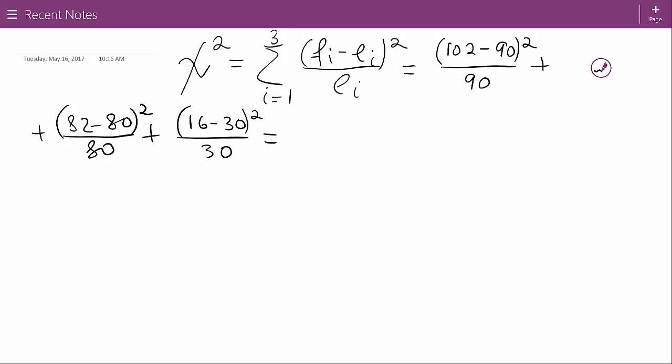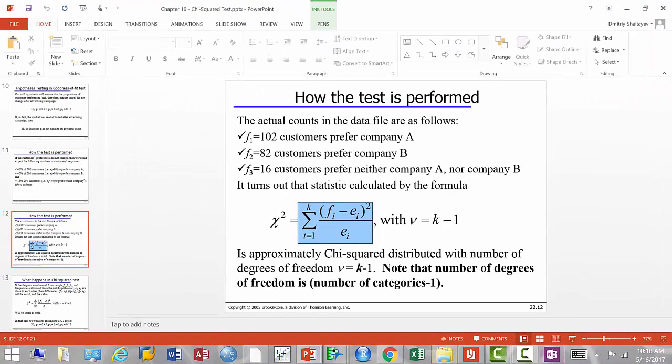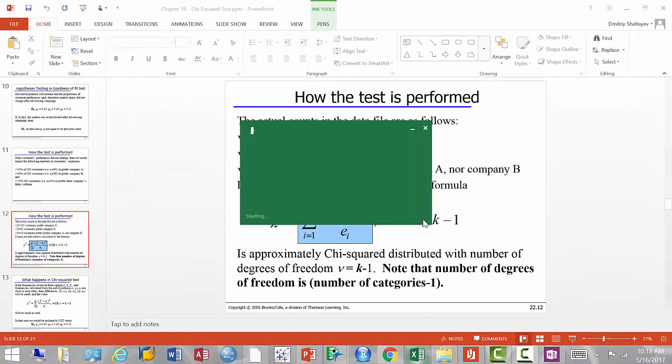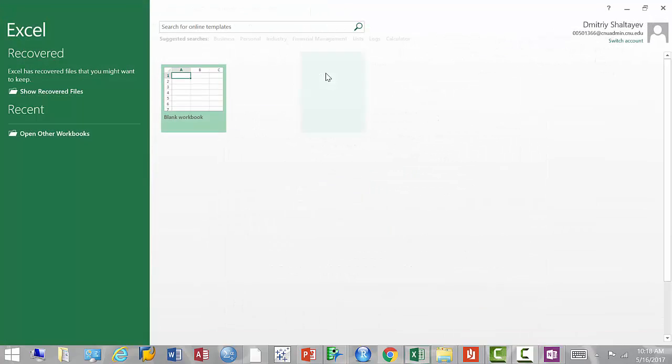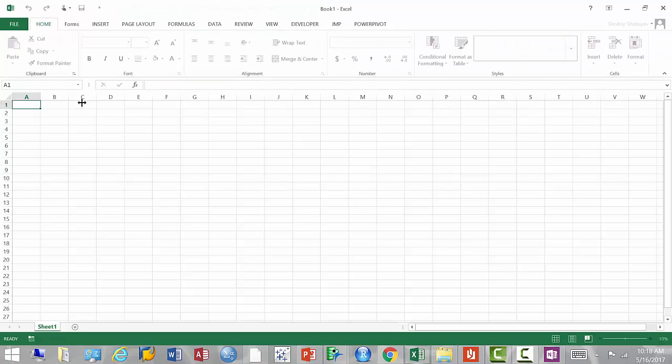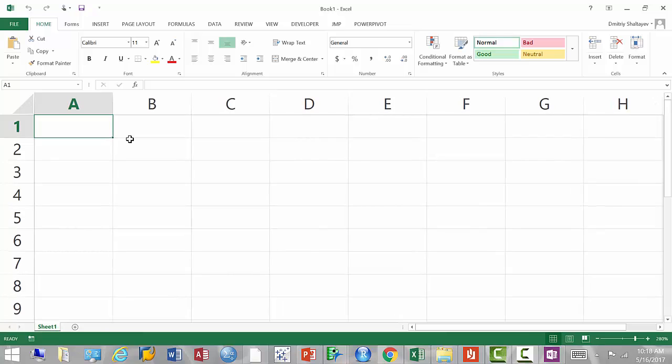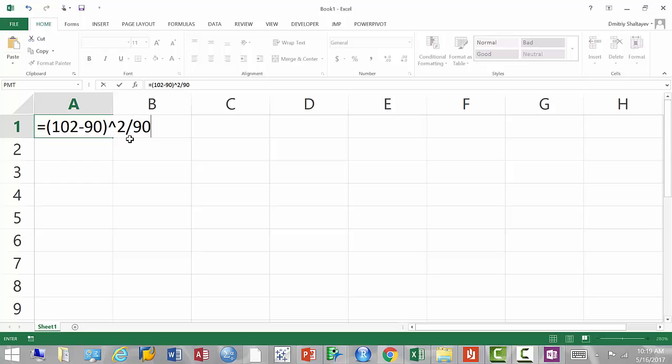Well, we're going to use a big fat calculator, otherwise known to humanity as Excel. So let's switch over to Excel. Very simple computations. The first thing is going to be 102 minus 90, squared, divided by 90.